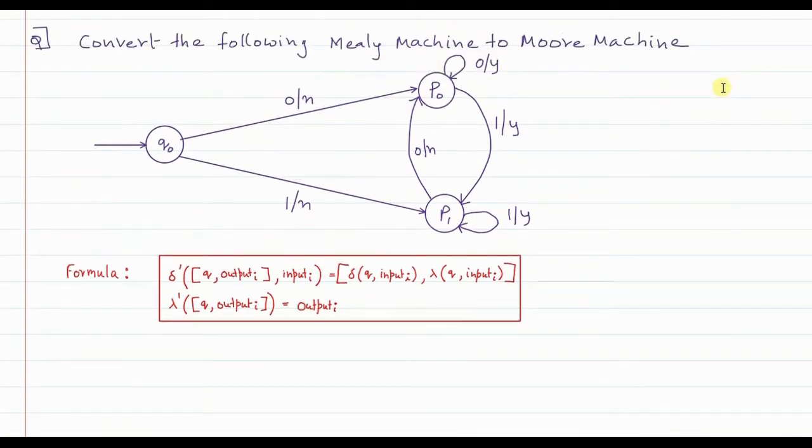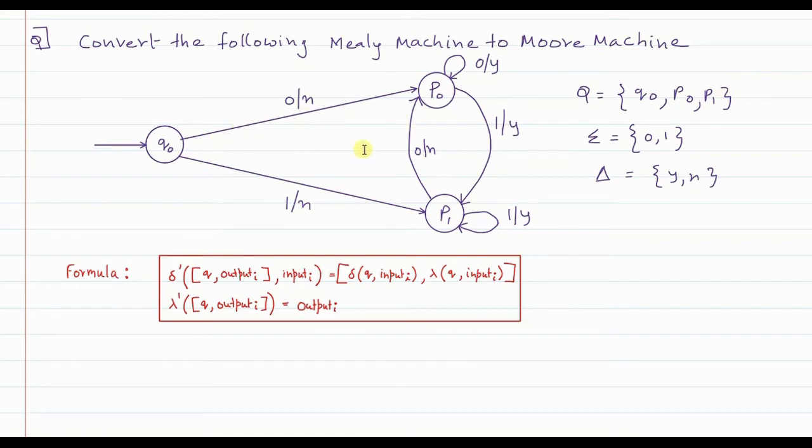So if you look at the states Q, we have only 3 states: Q0, P0, and P1. The input alphabet sigma here happens to be 0 or 1, and the output alphabet capital delta happens to be either yes or no. Agreed? So this is the given Mealy machine.